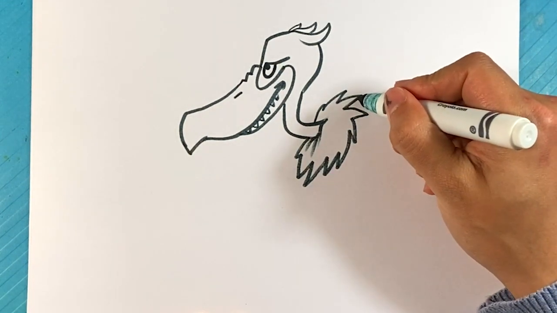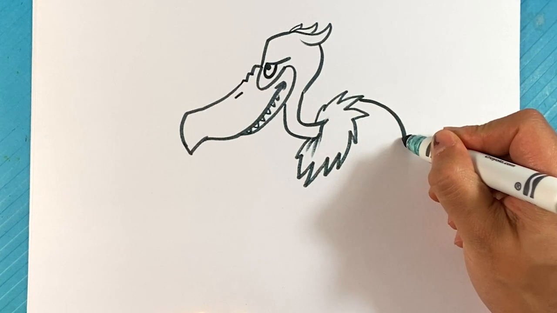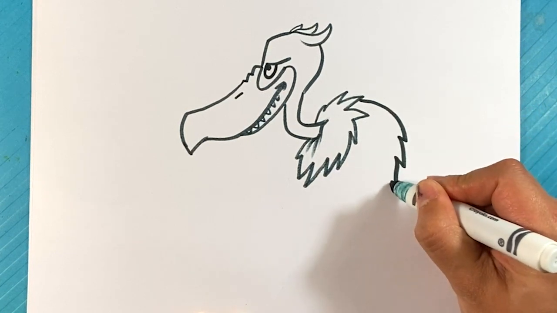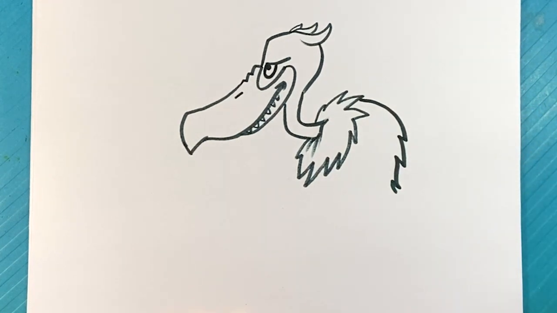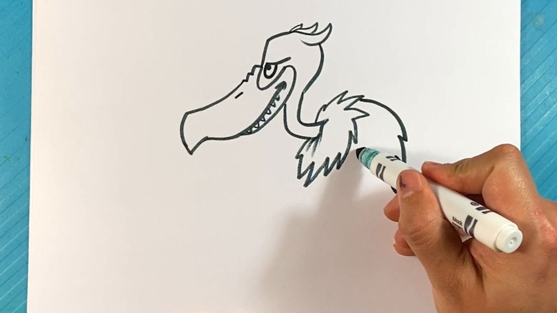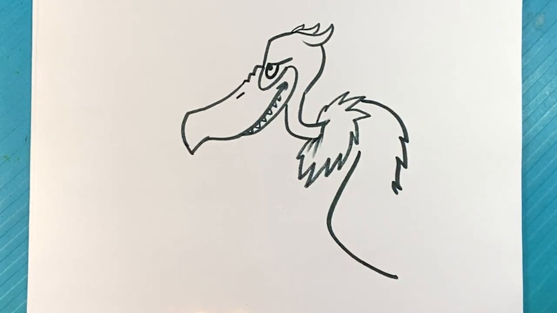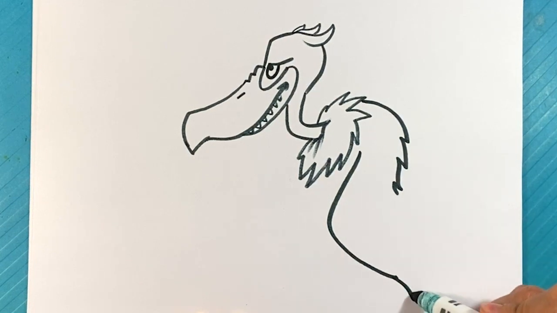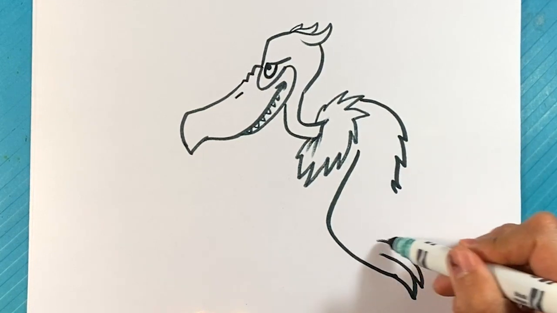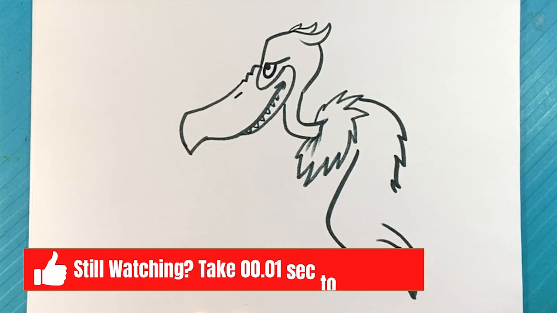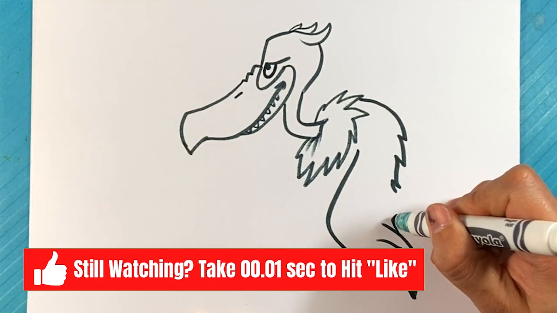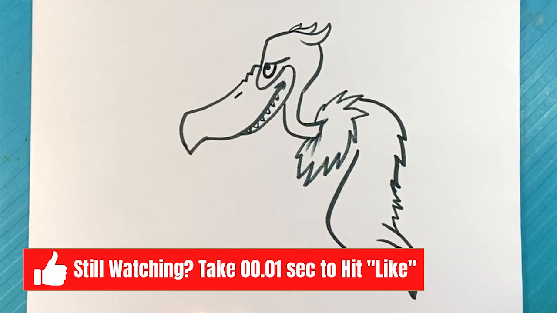Over here, go back. It's pretty slouched. Zigzag over here. Back. And I'm going to pull down, curve back for the wing. Then extend, up, up, up for the wing. And they're going to have little feathers going all the way up.